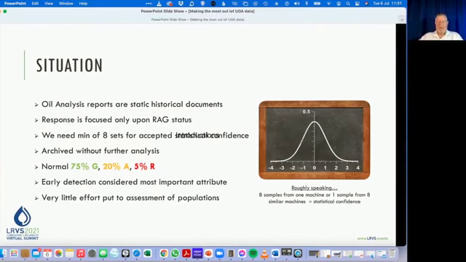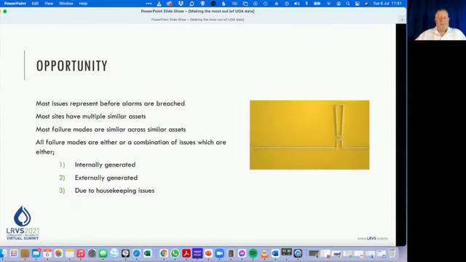We are missing looking at the data for business as usual across the population, because there are lots of subtle changes and differences in the data which lead to significant opportunities for improvement, or at least targeting improvement policies where before we had no means to understand them. So the opportunity that I'm trying to exploit and share with you is the fact that most issues present in our trends before any alarms are breached.